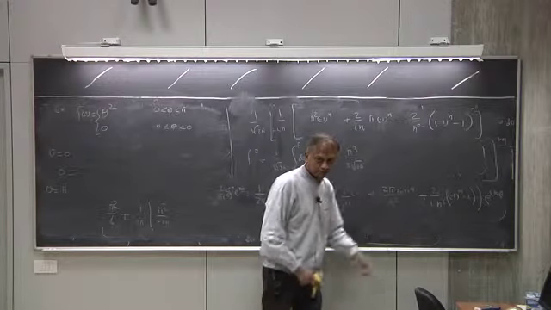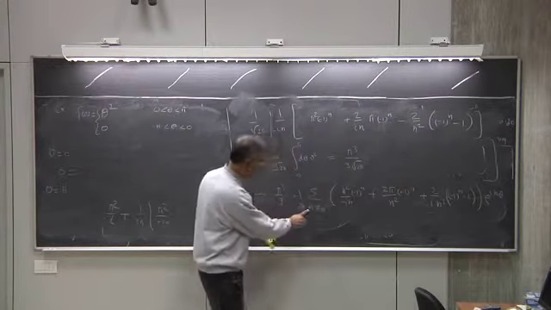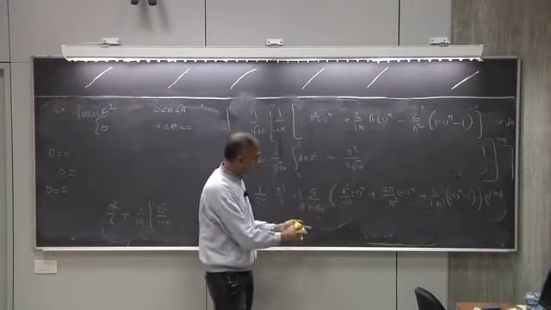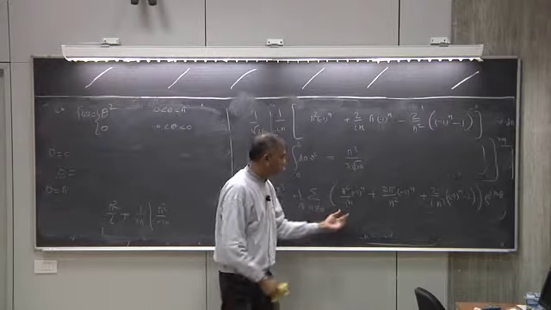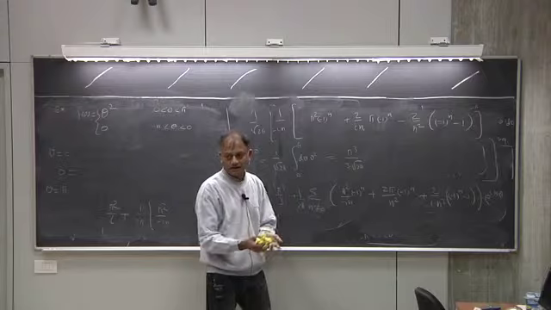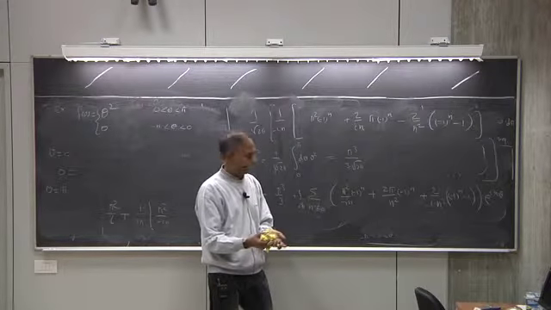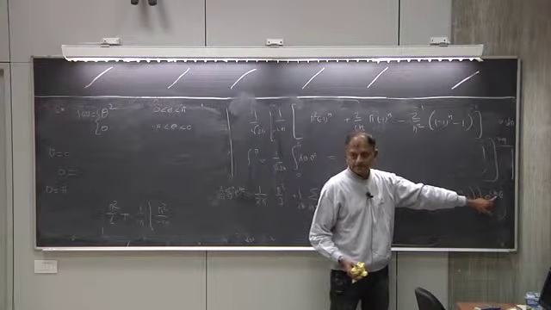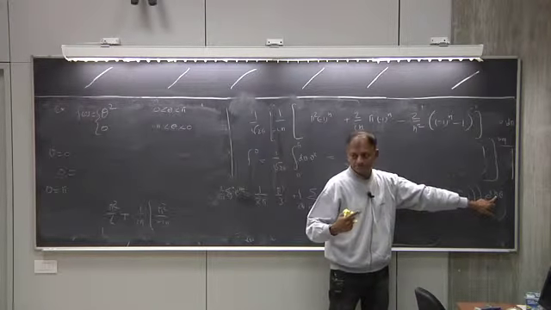This sum includes both positive n and negative n, right? So the sum of the two things, positive n and negative n, will vanish if it is an odd function in n. Of course, in general, it is not an even or odd function because there is e to the I n theta, but theta equal to 0 and pi are special cases.